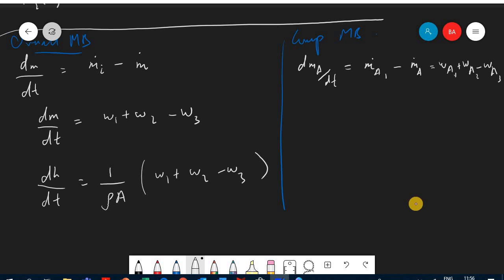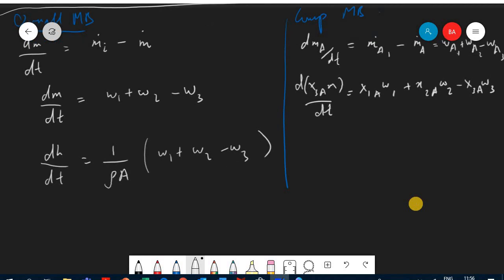And in this case, mA is the composition times mass, so that will be composition into mass. I think you remember that. d by dt. WA1, I can represent this as x1A into W1, and WA2 as x2A into W2, and WA3 as x3A into W3.